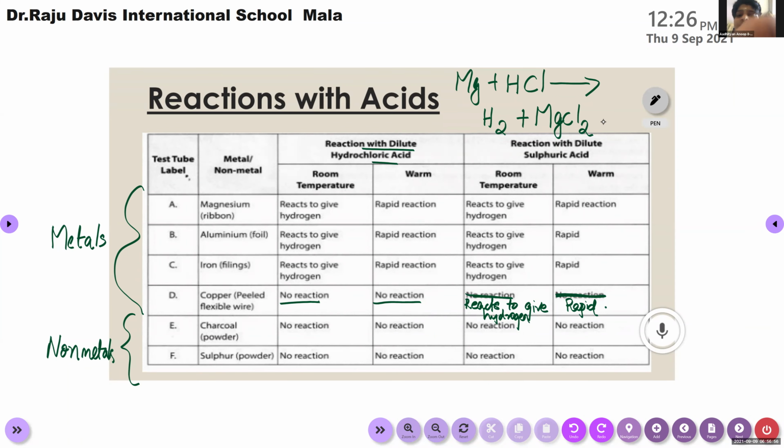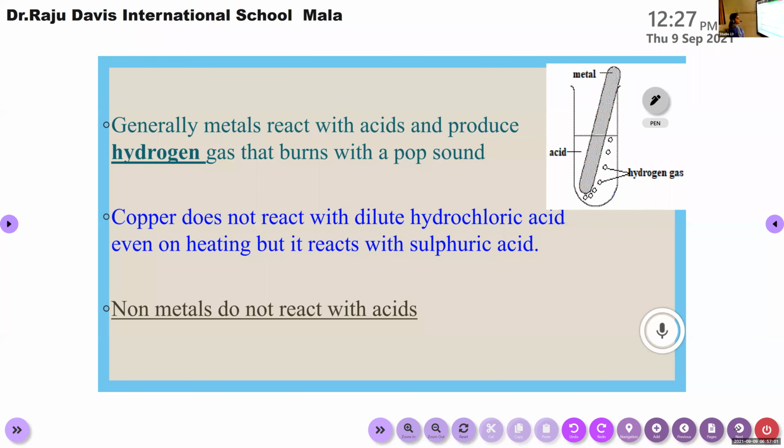Ma'am, finished. Okay, then here is the main general observation about this activity. Generally, metals react with acids and produce hydrogen gas that burns with a pop sound.